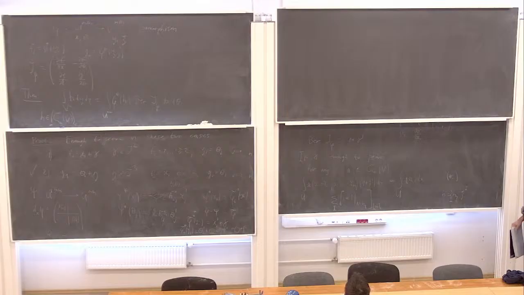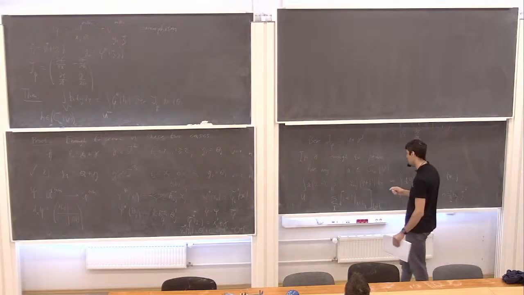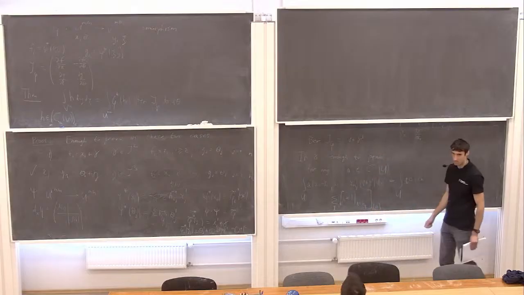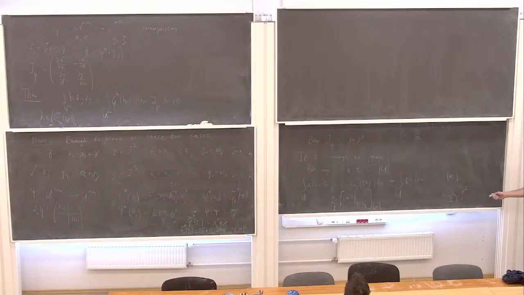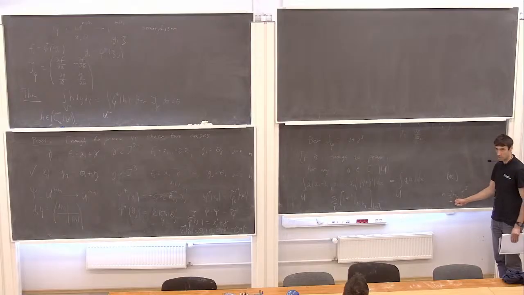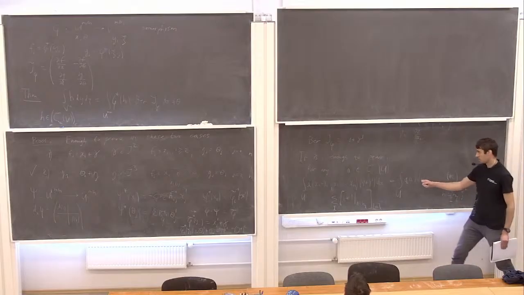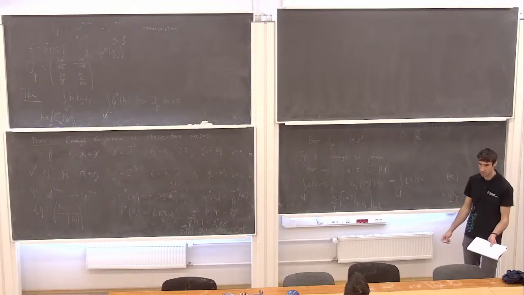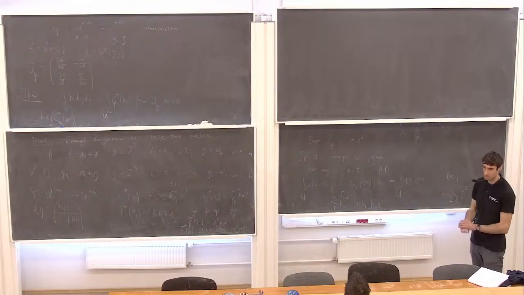Actually, here I don't even need A to be from this one. I need A to be from just this thing, because each coefficient of H is inside here. And we said V and U is the same thing.